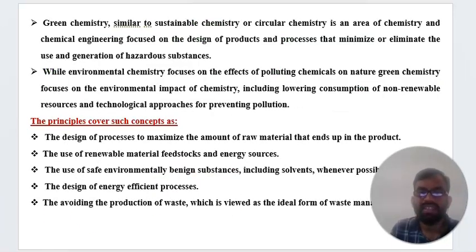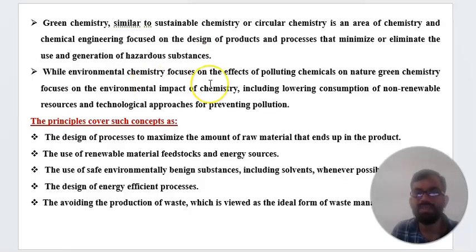Green chemistry is similar to sustainable chemistry or circular chemistry. It is the area of chemistry where chemical engineers focus on the design of products and processes that minimize or eliminate the use or generation of hazardous substances.